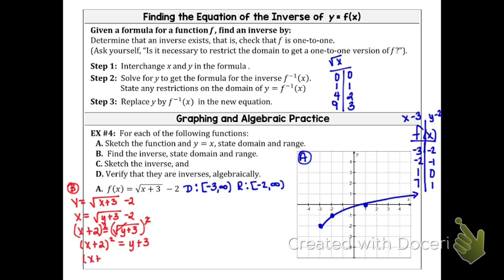So we get x plus 2 squared minus 3 equals y. And then the last thing we do is we change it back to function notation. So instead of putting y equals, we're going to put the inverse of f of x equals x plus 2 squared minus 3. Now remember now, x plus 2 squared is quadratic.